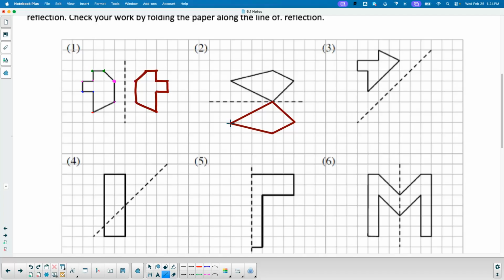Agree with me on that first one? Straight down, okay? What's up? No, I'm good.